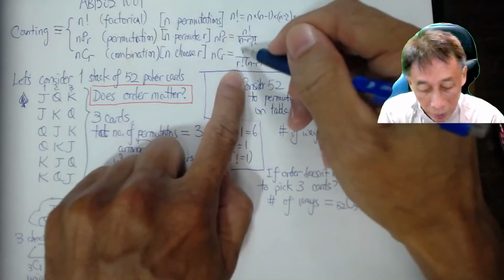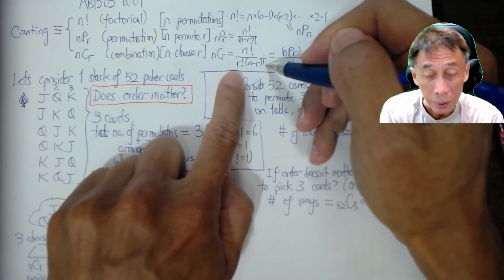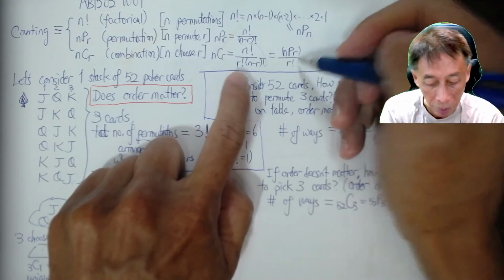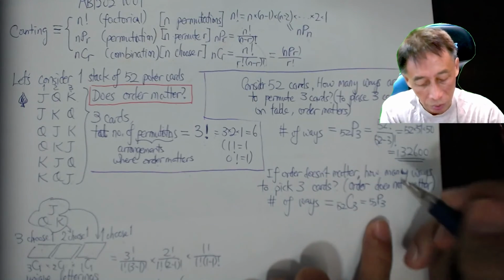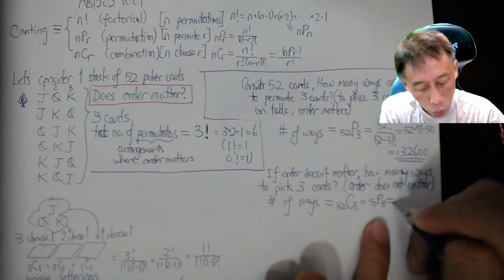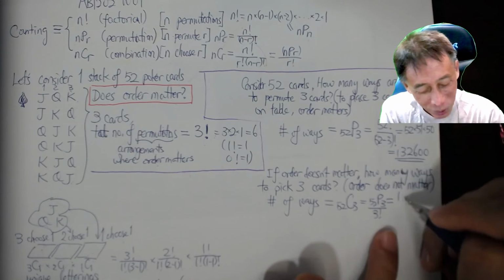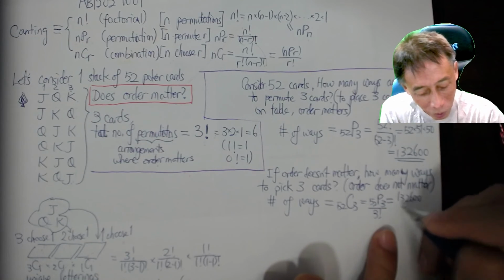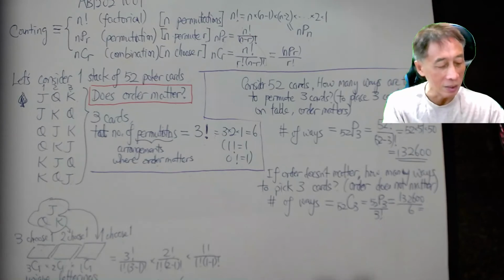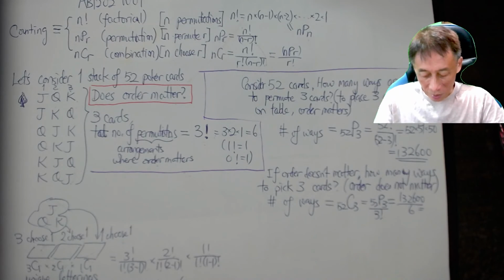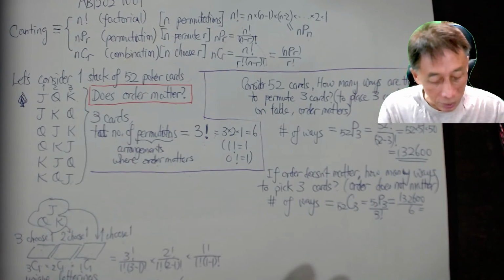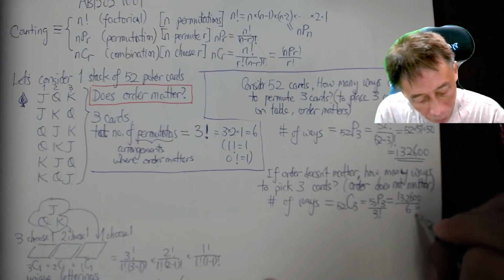Because if we bracket this, then that's nPr, so you just divide by r factorial. We can conveniently use that on top to say that it's 1 divided by 3 factorial. So it's 132,600 over 6. And the answer is 22,100.